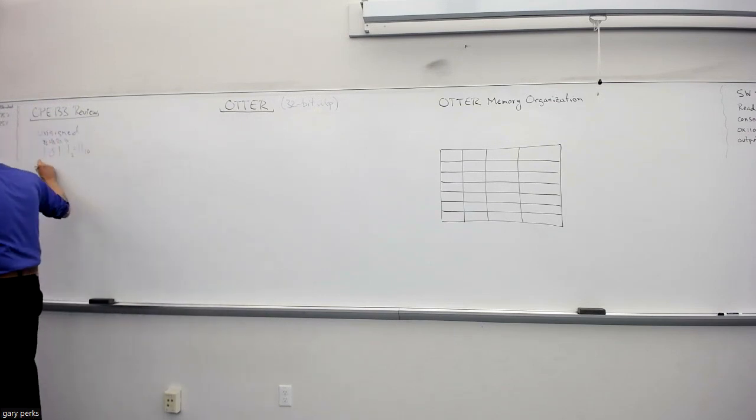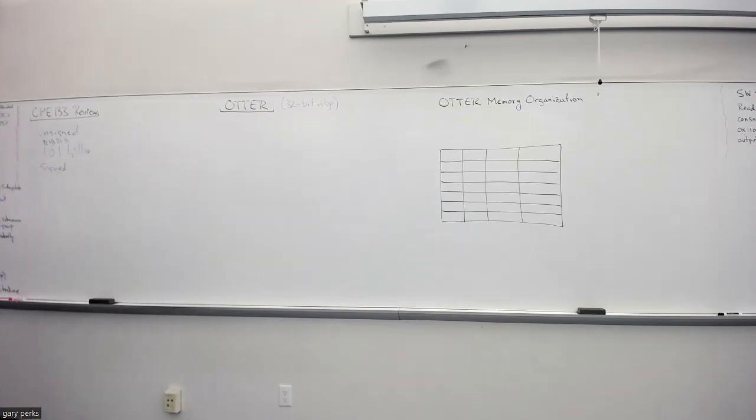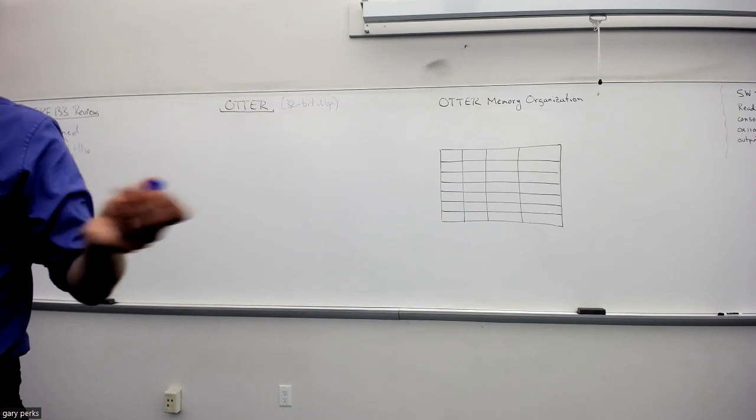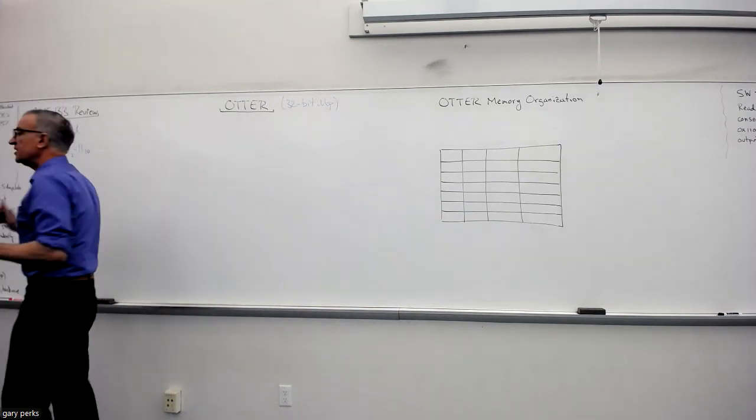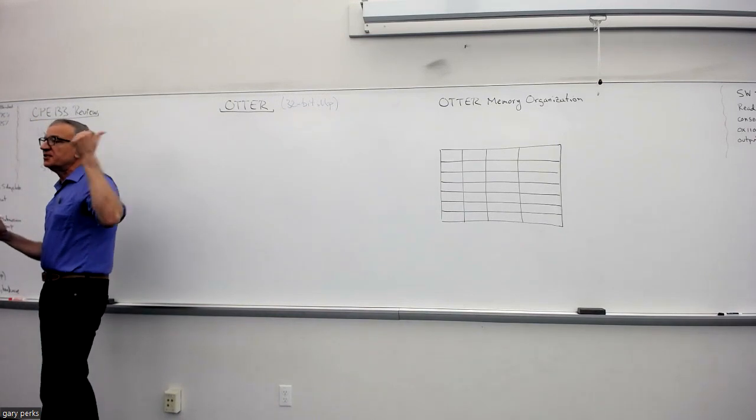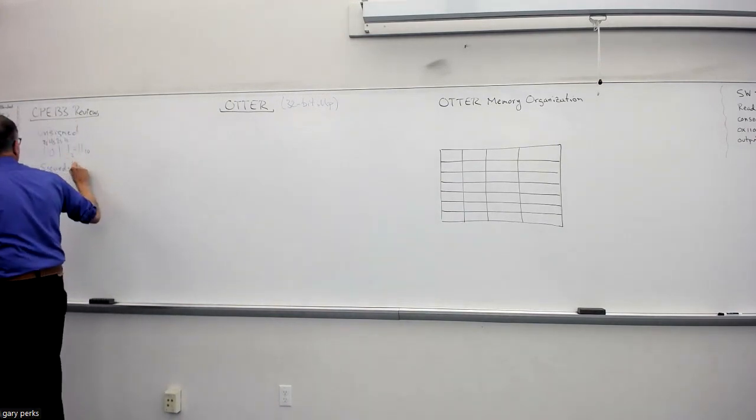Okay, but what if this is signed? And in 133, what was the most important signed format? Remember there were like 3 different formats? Right, there's signed magnitude and there's ones complement, but the only reason we really even mention those in 133 is just to let you know there are other formats for negative signed binary numbers. So 2's complement is the most important one. And that's the one that the Otter uses. Okay, so 2's complement.